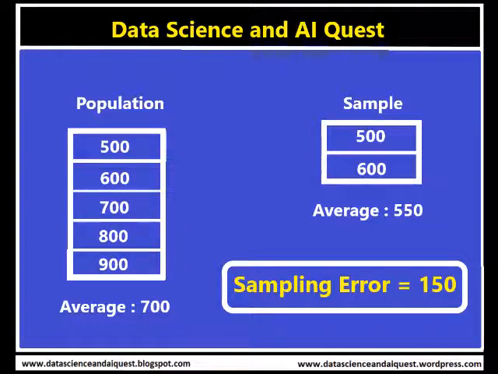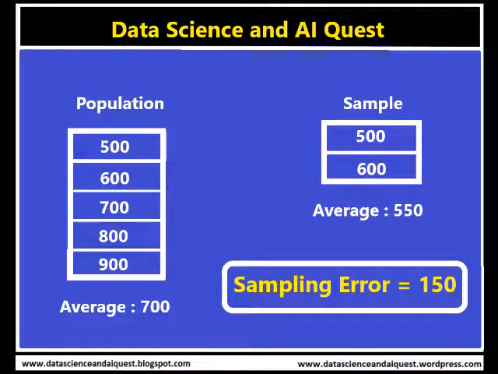So the population average of these values is the addition of all these values, that is 500 plus 600 plus 700 plus 800 plus 900, divided by 5 in order to obtain the population average or the mean of the population. So the income of all these 5 farmers comes to 3500, and we obtain the mean value of the income as 700.